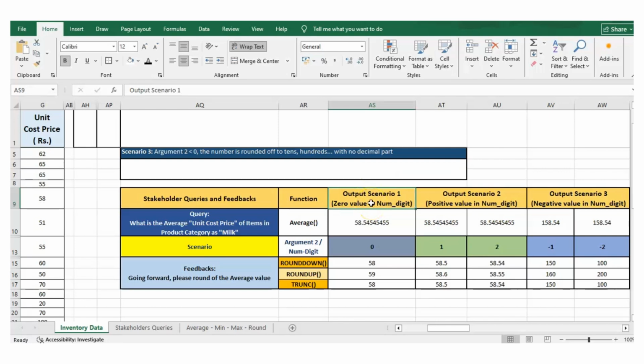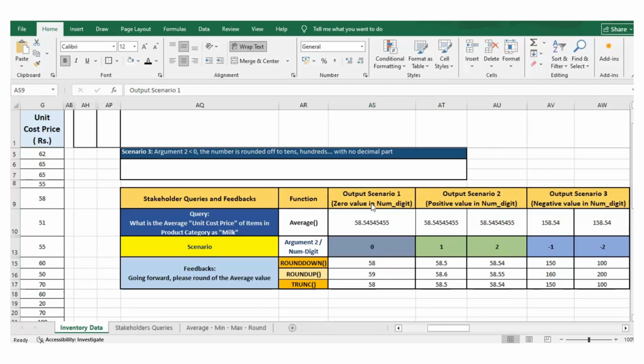The input value is the average unit cost price, which is 58.54545455, and whatever be the value of the decimal part in our example, round down will always give 58 as an output and round up will always give 59 as an output for the input that we have taken for this example.